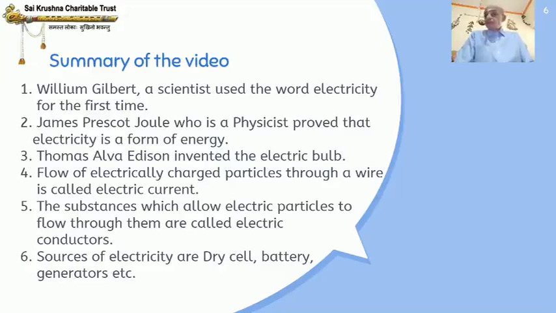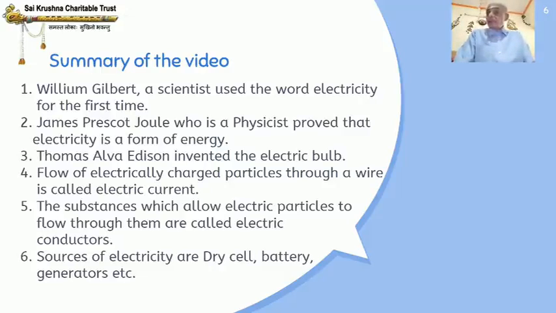First point. William Gilbert, a scientist, used the word electricity for the first time. I repeat this once again.